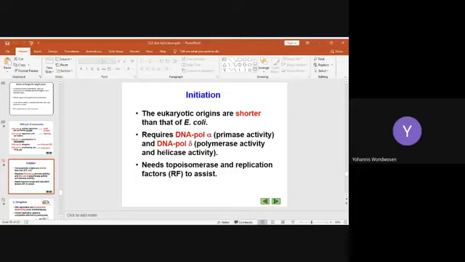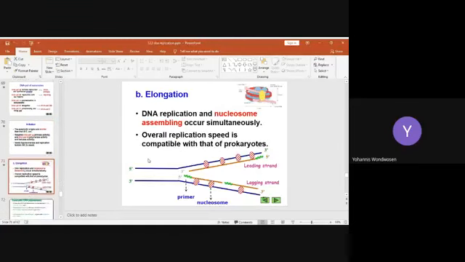So it can unwind the double strand DNA as well as polymerize. They need topoisomerase and replication factors to assist. There are different replication proteins that we have seen, and we can call them the replication factors.